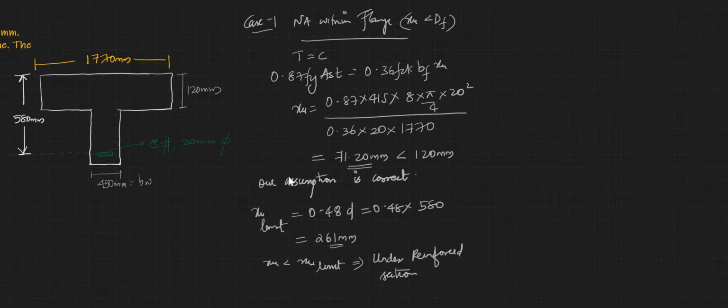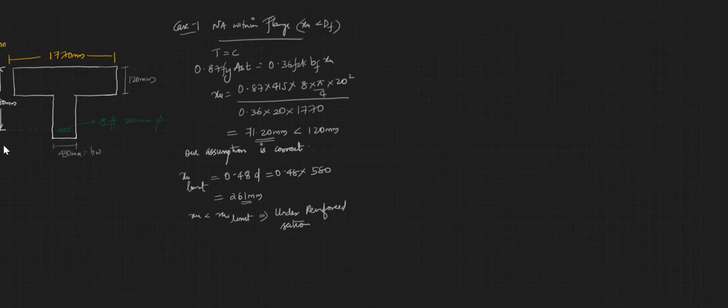We need to substitute the value for XU as XU limit in the moment of resistance equation. So the moment of resistance, in terms of steel, I can write as Mu is equal to 0.87 Fy AST into (D minus 0.42 XU).